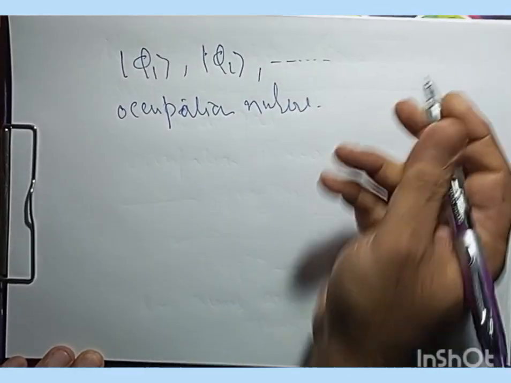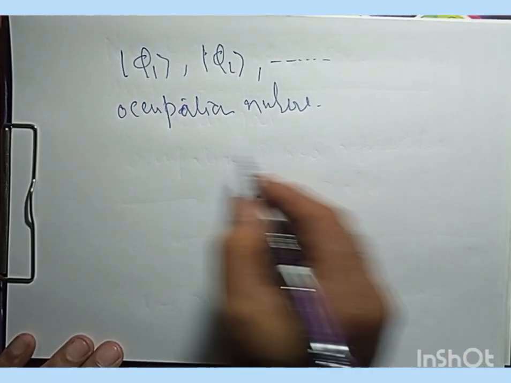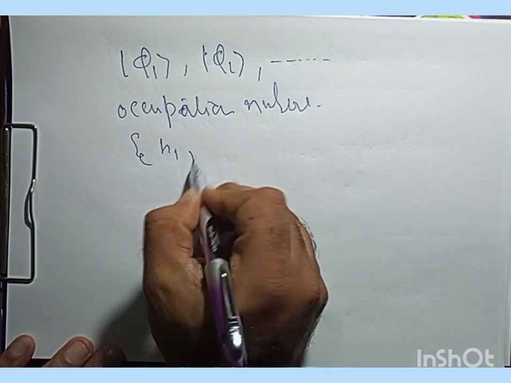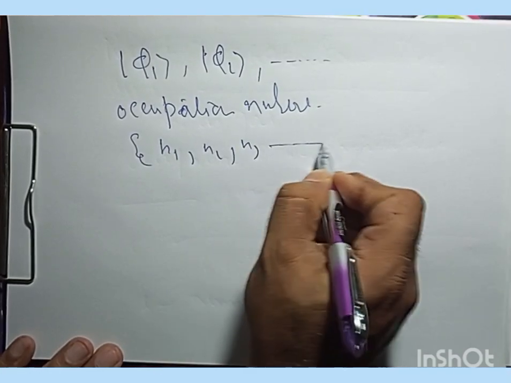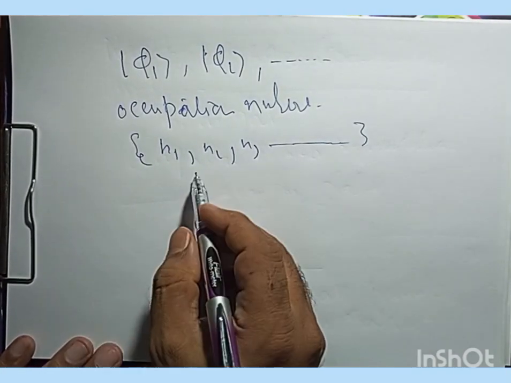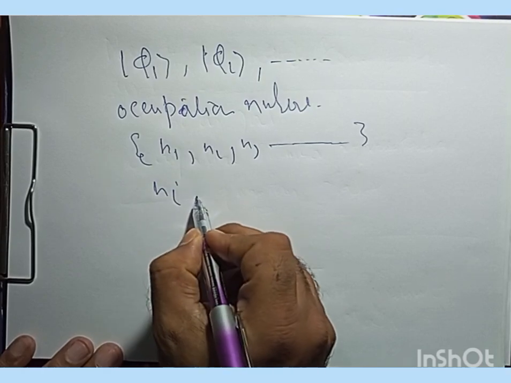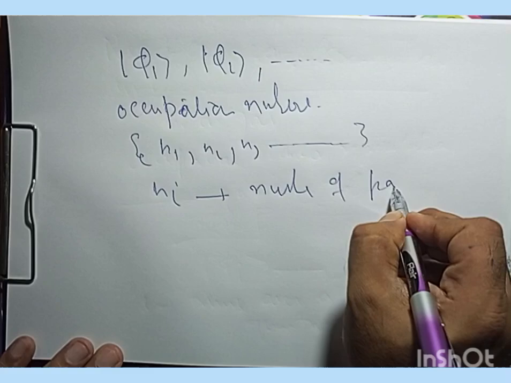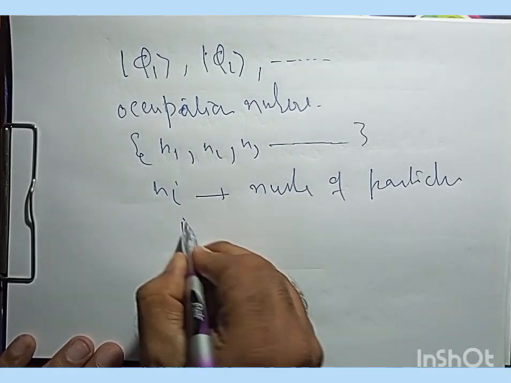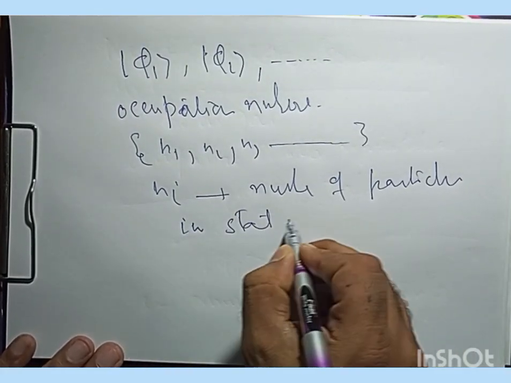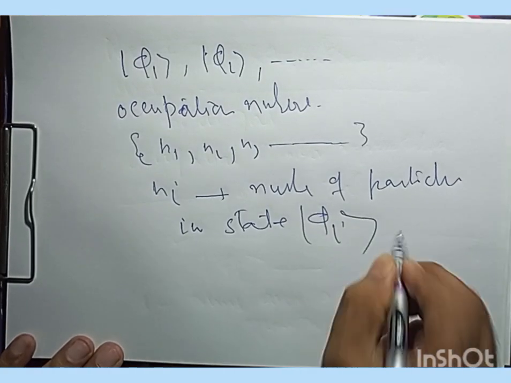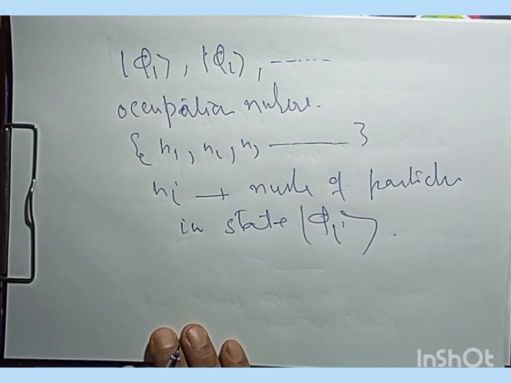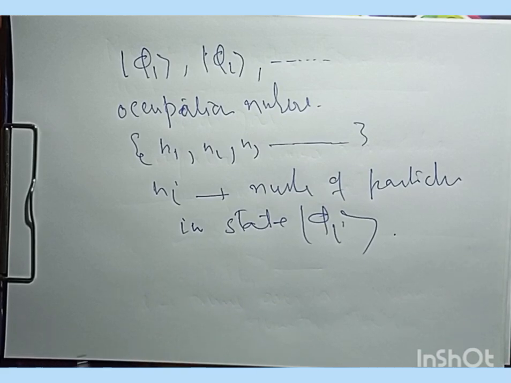This set of occupation numbers can be labeled as n1, n2, n3, and so on, where this n_i is the number of particles in state phi i, which I started with. Now, this is about building a quantum state and the concept of occupation number.